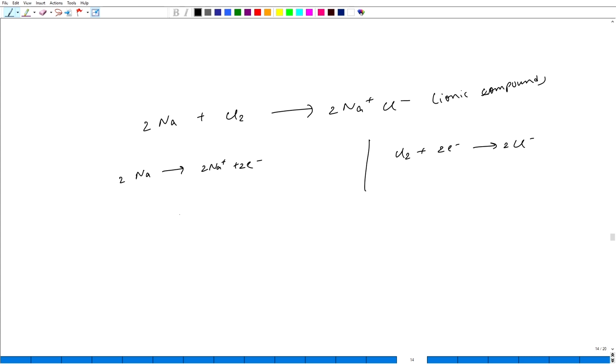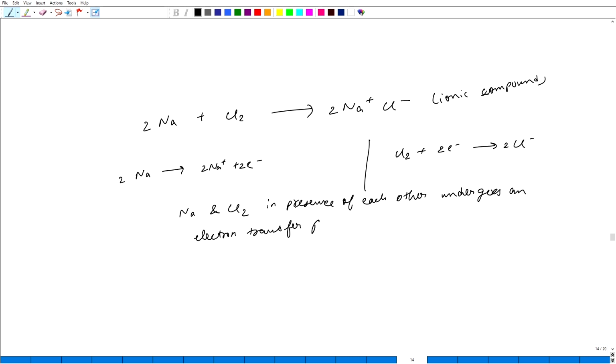So, both sodium and chlorine, in the presence of each other, undergo an electron transfer process to form an ionic compound.